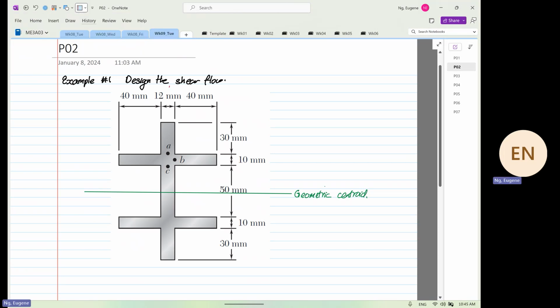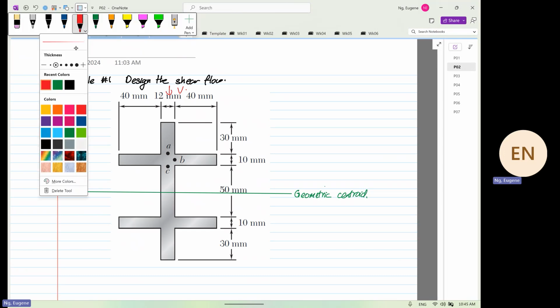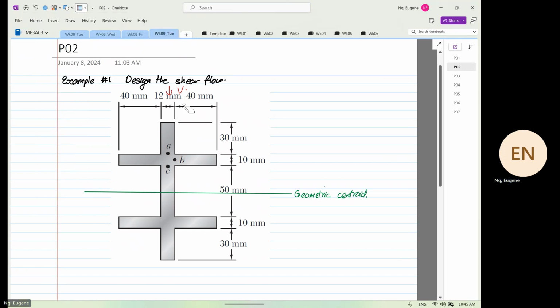Okay, so now if we have V over here, right, we have V over there. I do apologize for this. Now, if we have V over here, this section over here is known as our what?